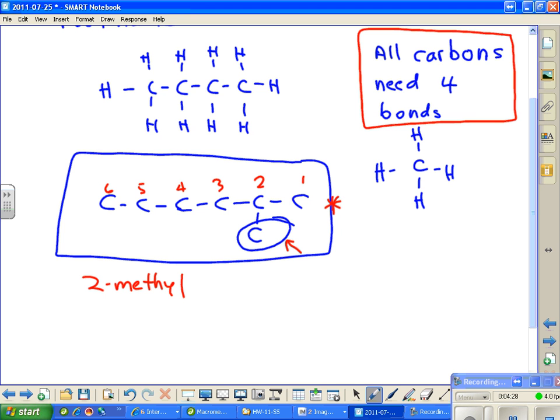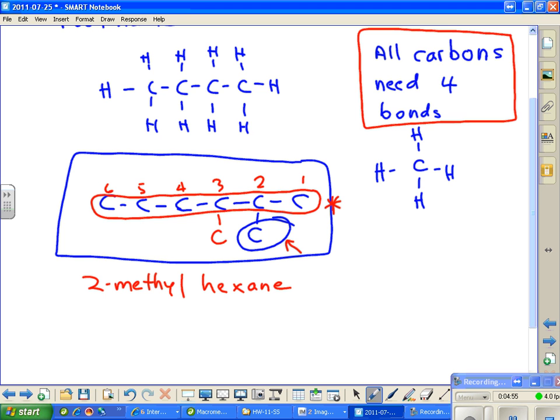So this is 2-methyl, the name of the longest chain. I'm going to circle the longest chain. And he's on carbon 2 of what is the longest chain? How many? Which makes it hexane. 2-methylhexane. Same molecule.